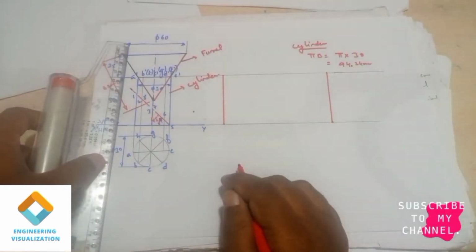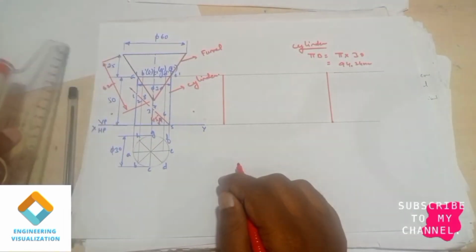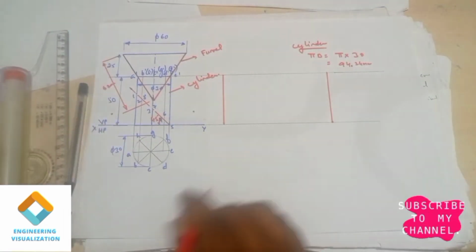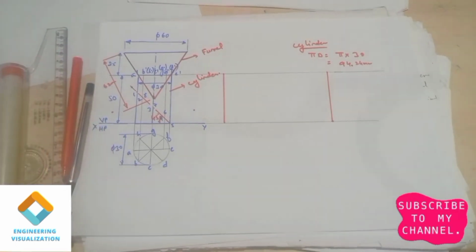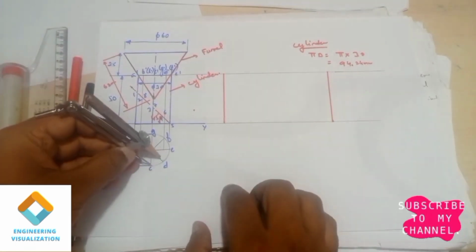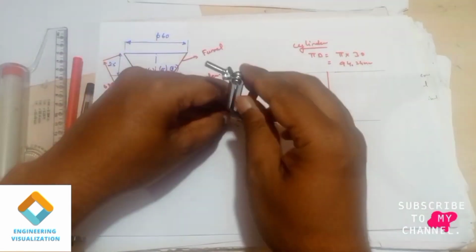Now we need to divide this 94.24 into 8 equal parts. This can be done by measuring with the compass. You can measure the length from this top view circle. Measure this length and cut the arc.